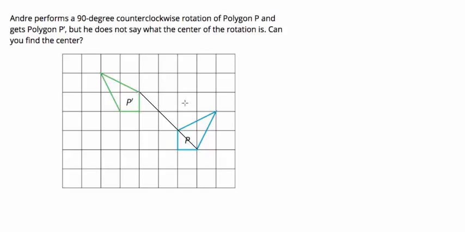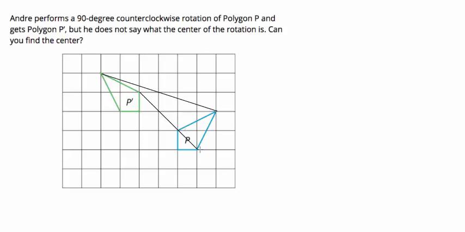And then I'm going to pick another pair of corresponding points. I'll pick right here and right there. Now what I'm going to do is take this line and find its bisector. I'm going to find right in the middle of that line.